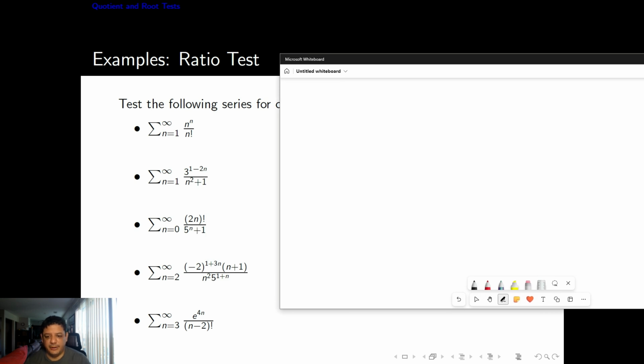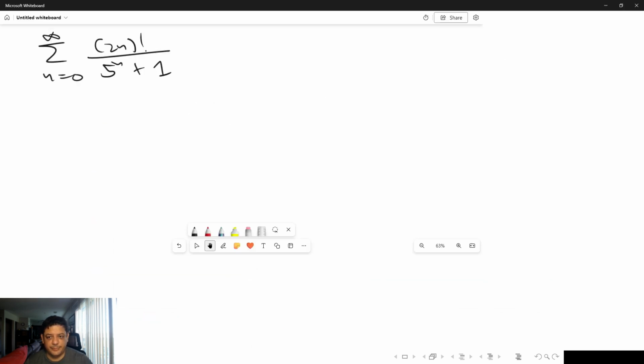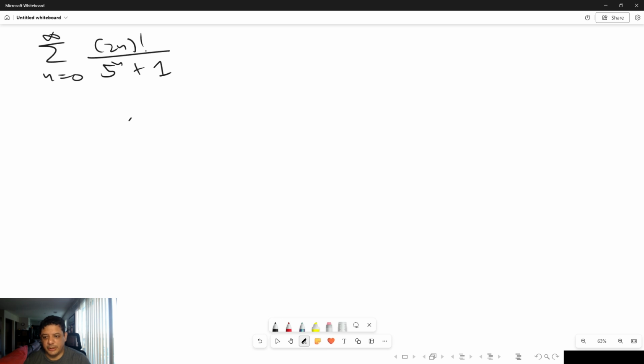Here we have the series from n equals 0 to infinity of (2n) factorial over 5 to the n plus 1. And so at this point, you know the drill. We're going to go directly to the limit when n goes to infinity of a_(n+1) over a_n.